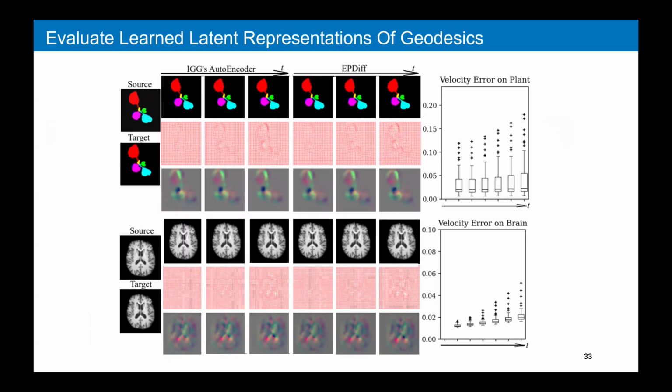In the left panel, the predicted transformations, velocities, and the deformed images from IGG's autoencoder closely resemble those obtained from solving EPDiff. The right panel shows the mean square error between the numerical solutions and IGG's predictions at each time step, with consistently low error indicating IGG's effectiveness in nearly accurate geodesic mapping.